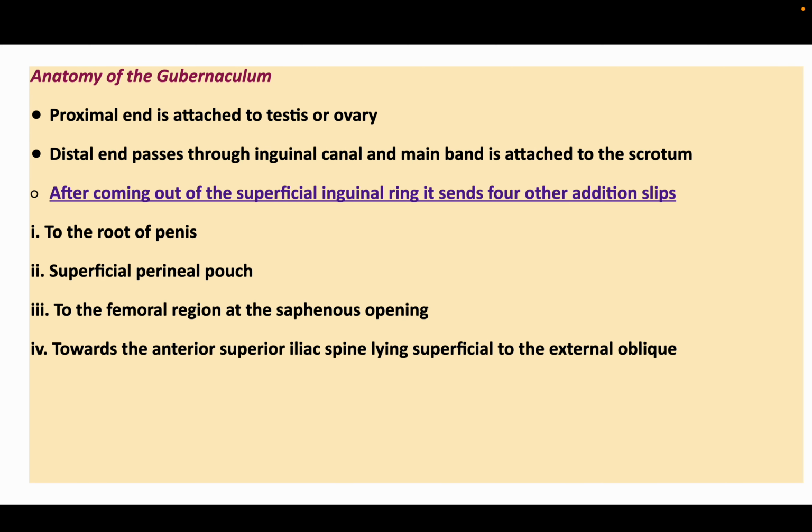If we see the gross anatomy of the gubernaculum, the proximal end is attached to the testis or ovary. The distal end passes through the inguinal canal and the main band is attached to the scrotum. This is the normal anatomy. But after coming out of the superficial inguinal ring, it sends 4 additional slips to 4 different sites. What are those? To the root of penis, the superficial perineal pouch, the femoral region at the saphenous opening, and towards the anterior superior iliac spine lying superficial to the external oblique. These are the additional 4 slips of the gubernaculum once it comes out through the superficial inguinal ring.